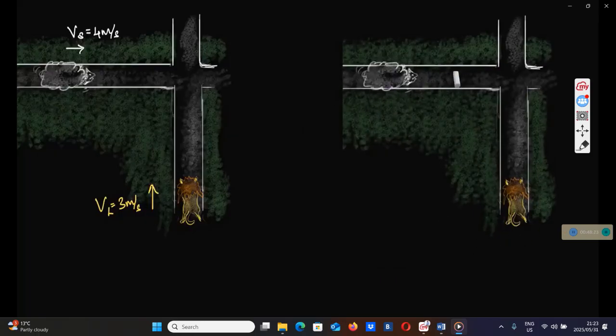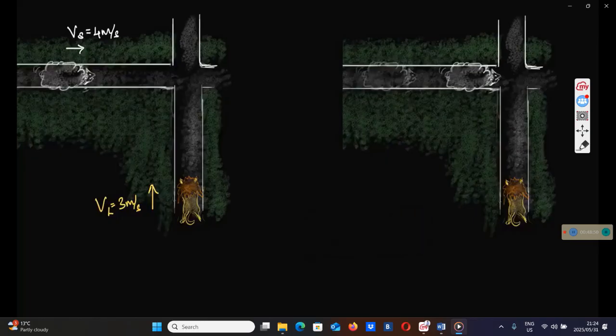The sheep is moving 4 meters per second on the road, on the ground, but the ground itself is traveling backwards 3 meters per second. So to figure out the relative velocity of the sheep, seen from the lion's point of view, we will wait for 1 second and figure out where the sheep ends up. All right, let's do that. So in 1 second, we would see that the sheep would have traveled 4 meters on the ground.